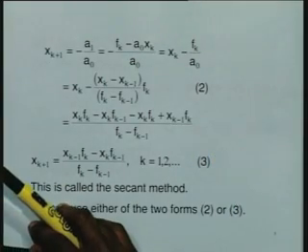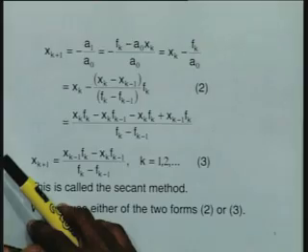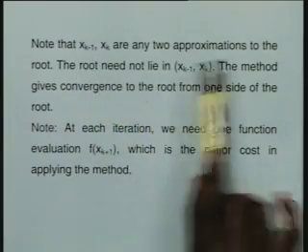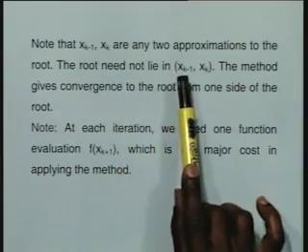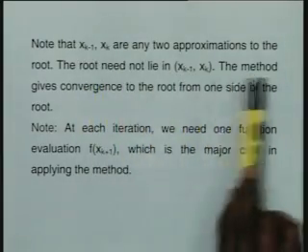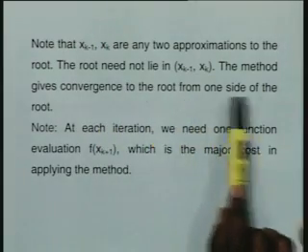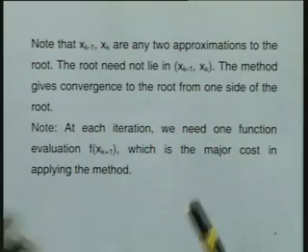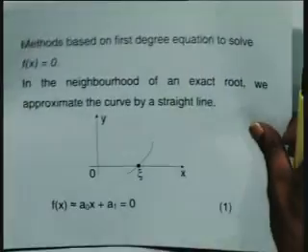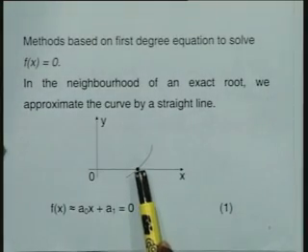Now I would briefly tell you why we call it the secant method, what its geometrical representation is, before we make some comments. We mentioned earlier that xk minus 1 and xk are any two approximations to the root. The root need not lie between these two values. The reason is the method gives convergence to the root from one side of the root. We have seen the graph here, and this is the root.